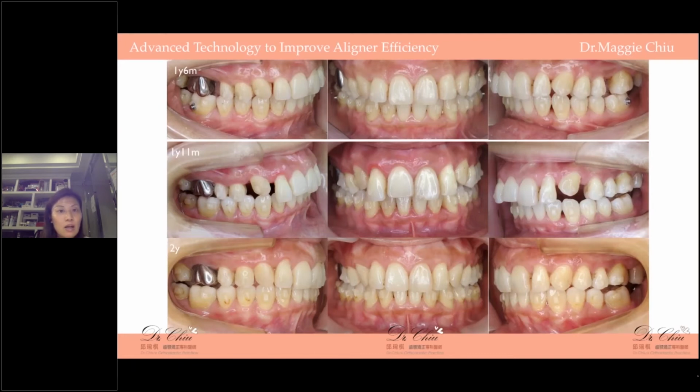After about another half year, we can see large spaces from the distalization protocol. As you can see, the space between 5 and 6 at 1 year and 6 months. The anterior, there's no movement yet. In another 4 to 5 months, you can see that the premolar started to move.